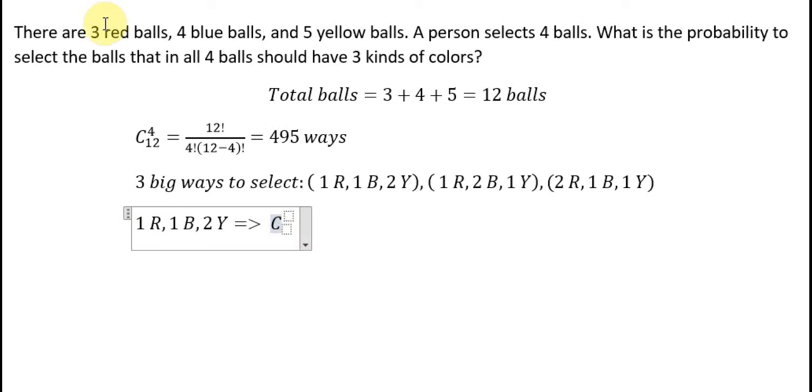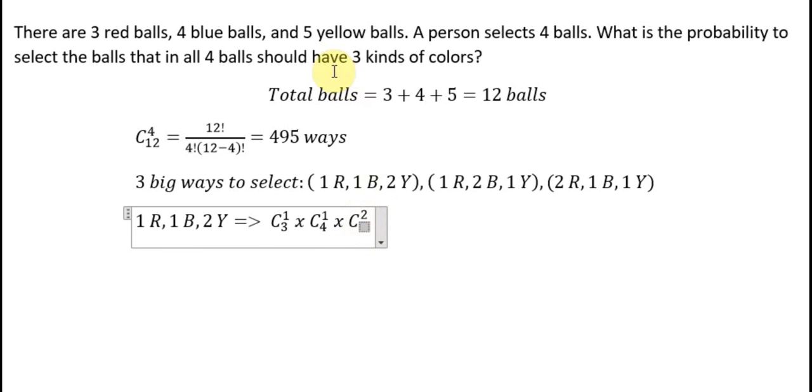We have 1 red, so we have combination 1 of 3, then we multiply with the next one, combination 1 blue with 4, combination 2 yellow, that's from 5, we multiply together, and we get 120 ways.